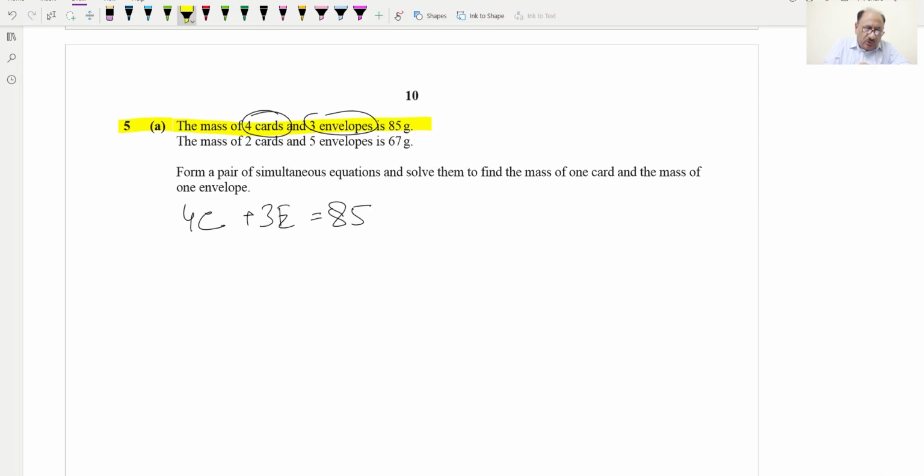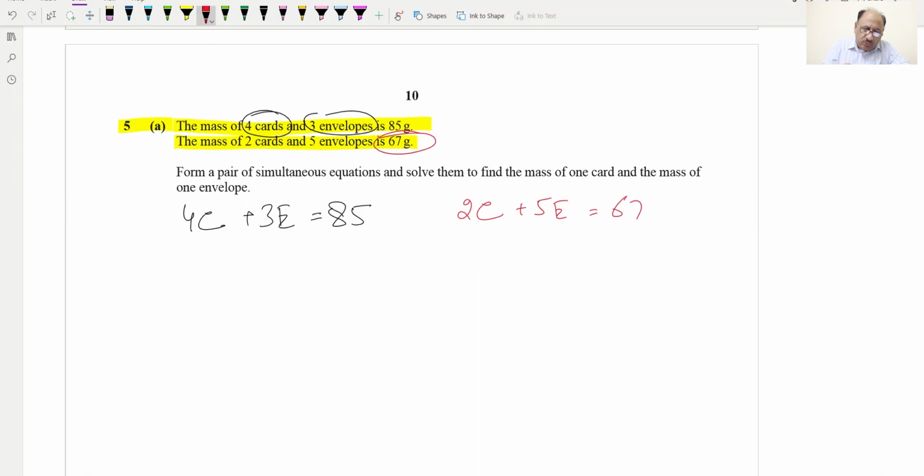And the mass of 2 cards and 5 envelopes is 67 grams. So 2C plus 5E is equal to 67.